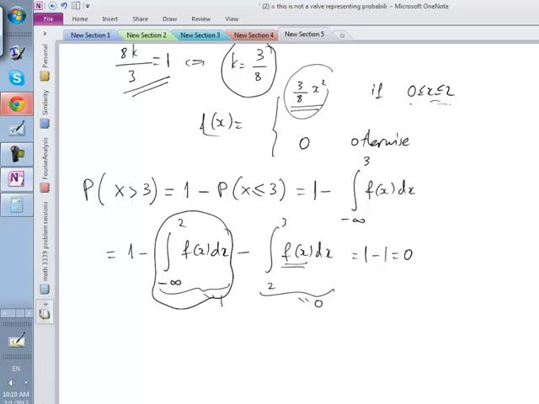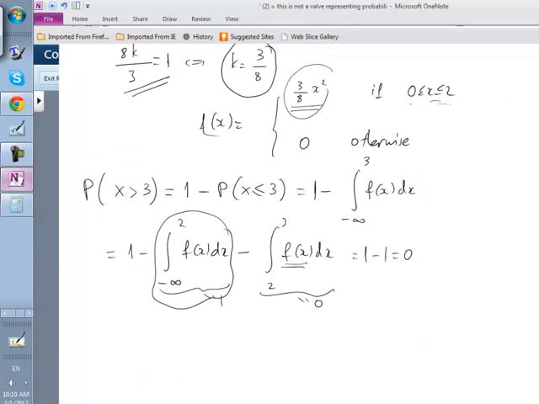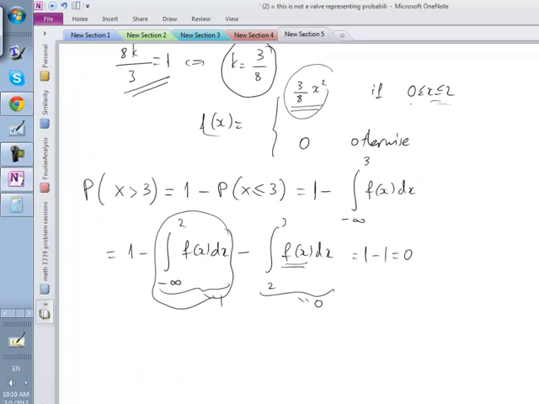Let's look at the problem again. What is the probability that the lecture ends within 1 minute of the end of the hour? If we are to answer this question, then we have to see this within 1 minute.